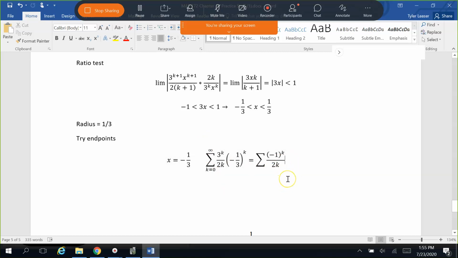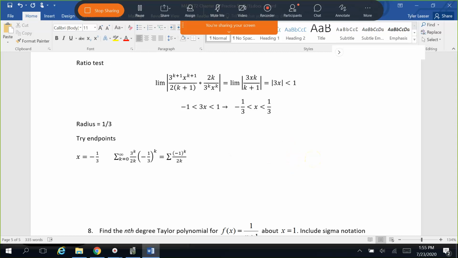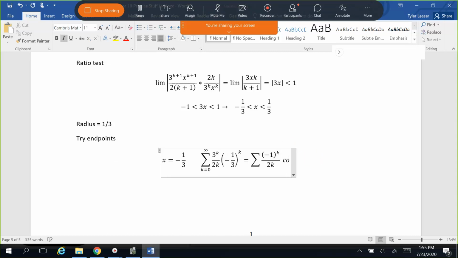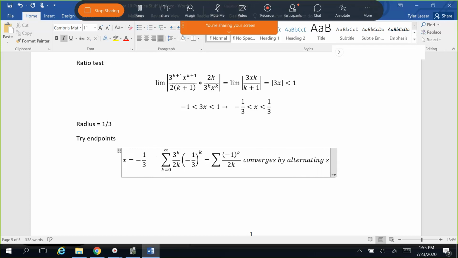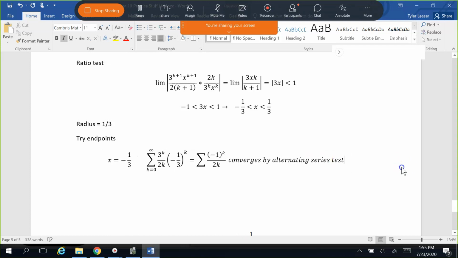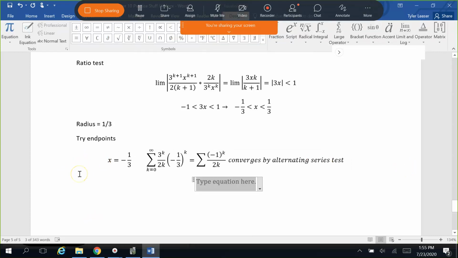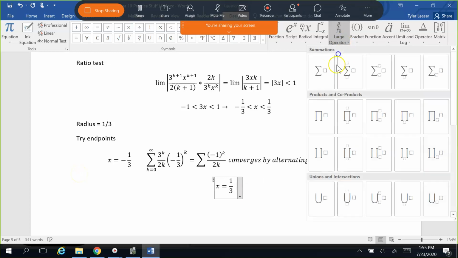Those are definitely decreasing. As k gets bigger and bigger, this gets smaller and smaller. And then this definitely goes to 0. So in other words, this converges by the alternating series test. All right, so that endpoint we're going to have to actually include. Let's try the other endpoint when x is positive 1/3.